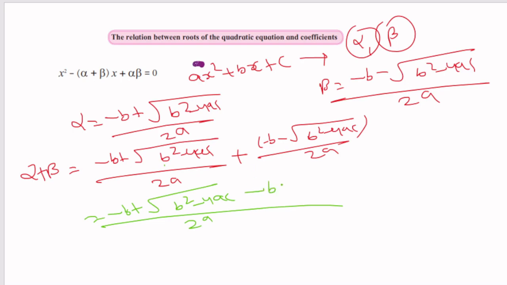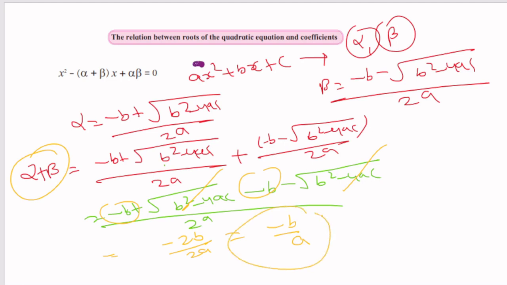If you notice clearly, this and this will get cancelled. So what remains? Minus b and minus b, minus 2b upon 2a. So 2 would get cancelled, so minus b by a. Your alpha plus beta, where alpha and beta are two different roots of the equation, it could be anything. So here minus b by a. So this is the way alpha plus beta equal to minus b by a got derived.